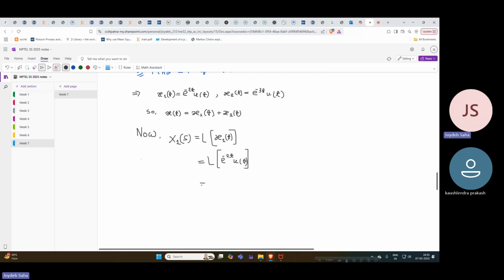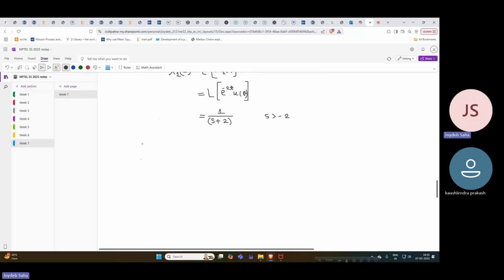So it will be 1 upon s plus 2, with the region of convergence s greater than minus 2.